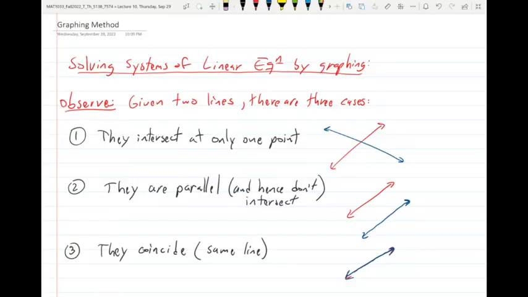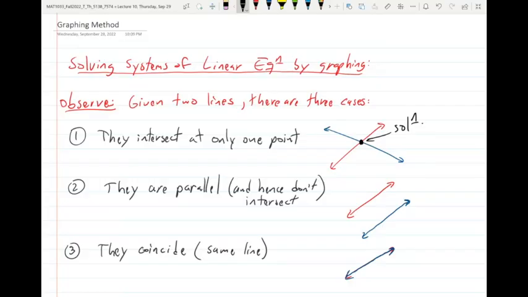If they cross, there are 2 possibilities. 1 point or all the points. I mean, there is no squiggly thing, otherwise it's not a line anymore. Do you understand this? 2 lines cannot cross at 2 points. Okay? It's either 1 or all the points. So, and by the way, this guy right here is what we are after. This is our solution. Okay?